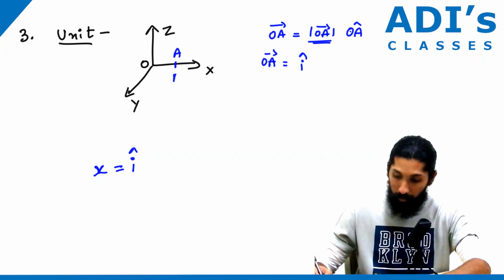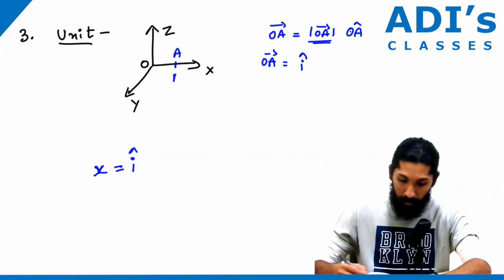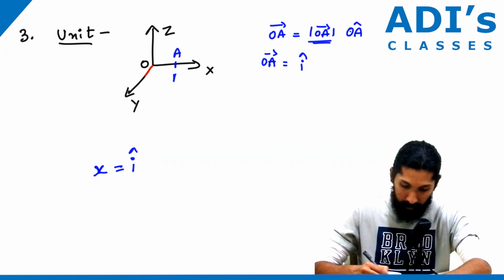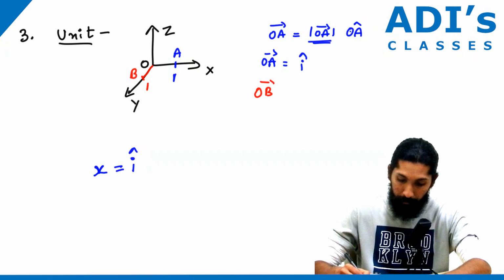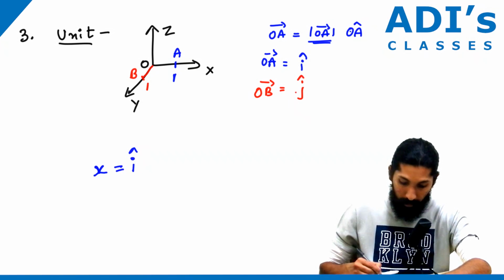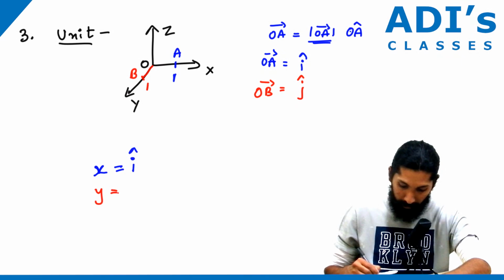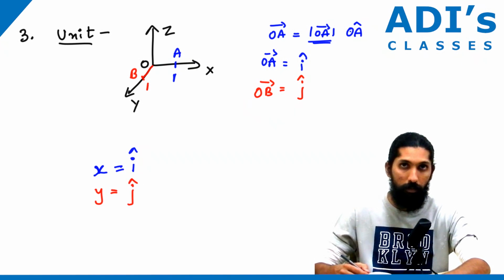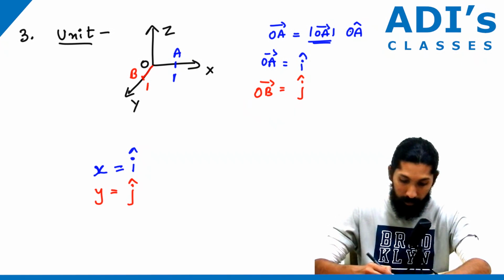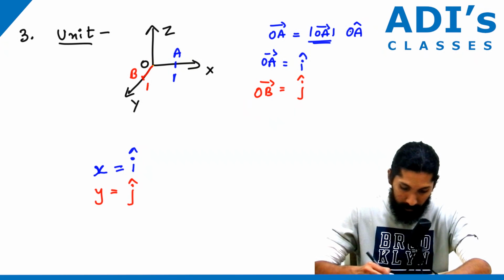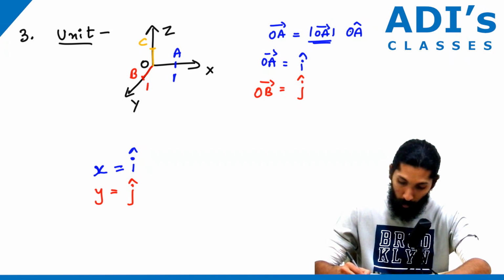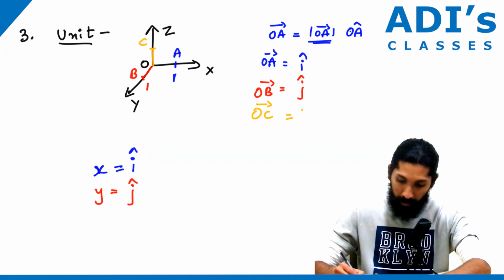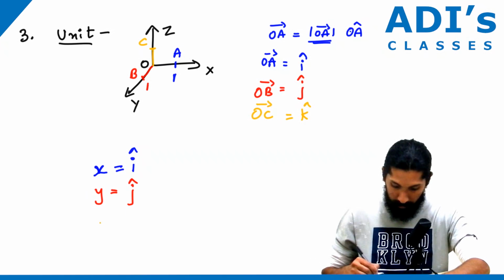Now, second one, let's say you're going to move along the y-axis. Here, again, 1. This is B. Same way, OB vector becomes J cap. So that means along the y-axis, it is J cap. Now, the next one, you're moving along the z-axis. Say you move to point C. So OC vector is going to be K cap. That means along the z-axis, it is K cap.